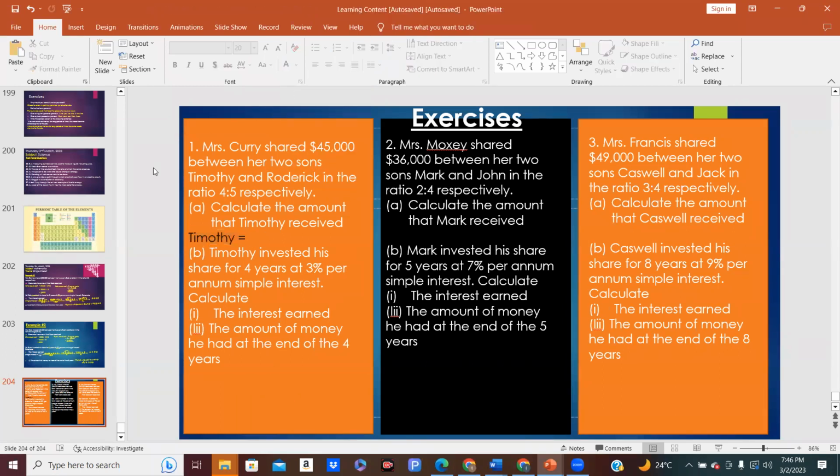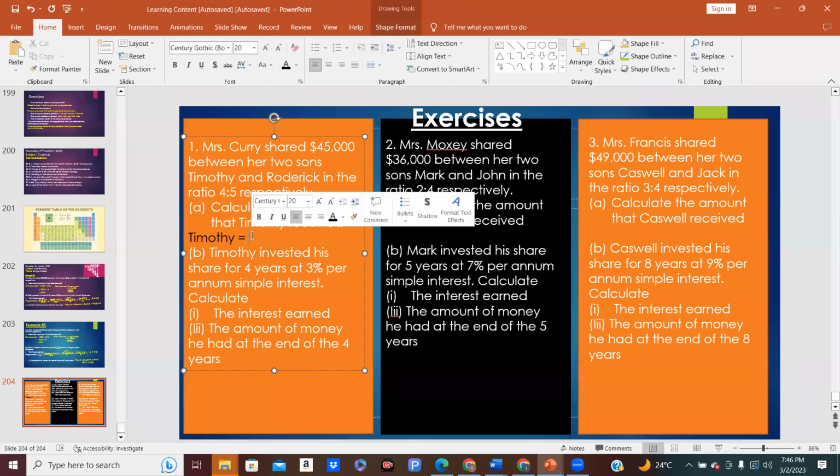So first you want to find one equal part, which will be 45,000 divided by 4 plus 5, which is 9. And 45,000 divided by 9 is 5,000.